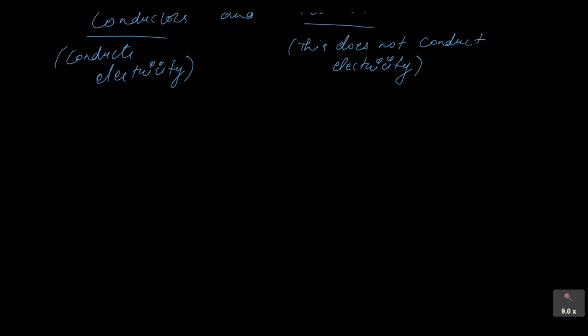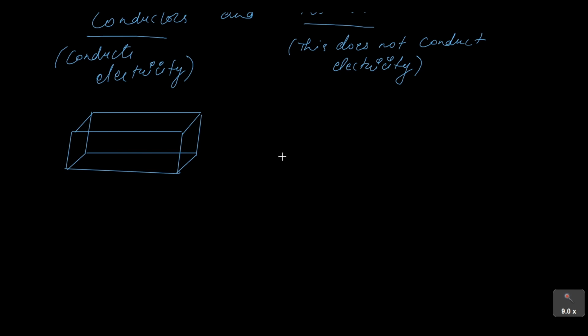Let me explain this. Suppose, for example, I have a conductor, and here I have an insulator. I will draw it with a different color so we can differentiate it.